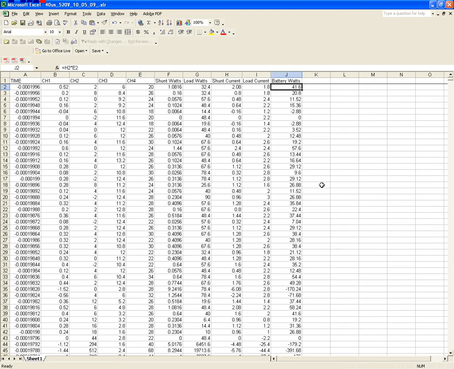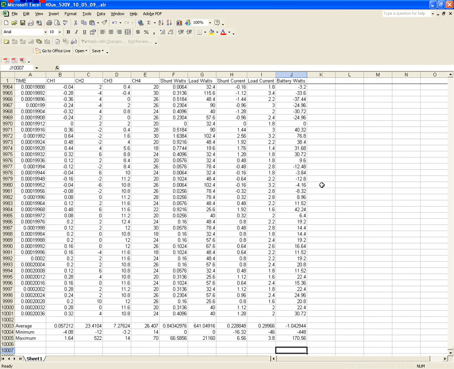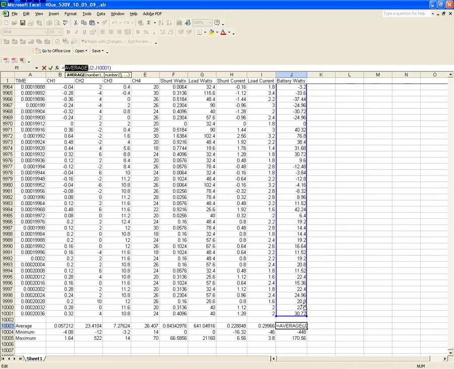Pressing the end key on my keyboard, going to the bottom, we find that these are our averages, and we'll see that our battery watts has a negative average. We'll also see, by the way, that the formula for that is simply the standard average function for that particular column.